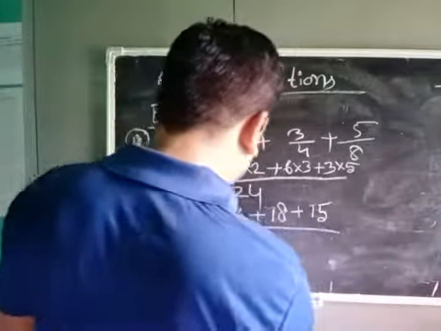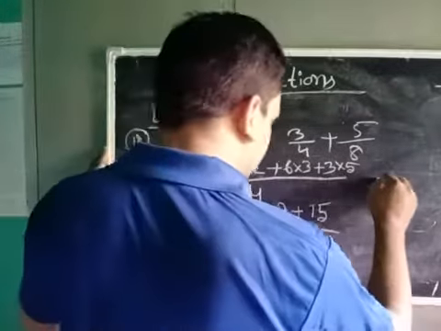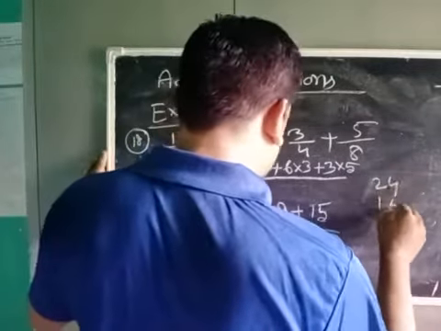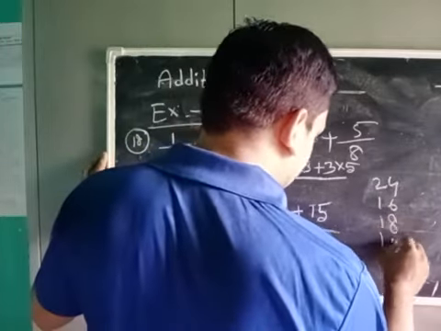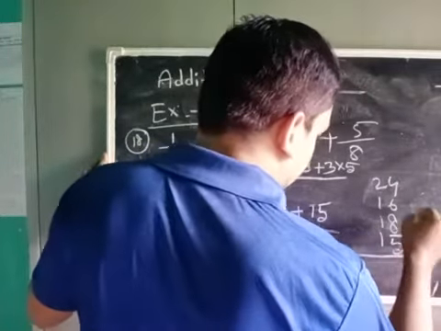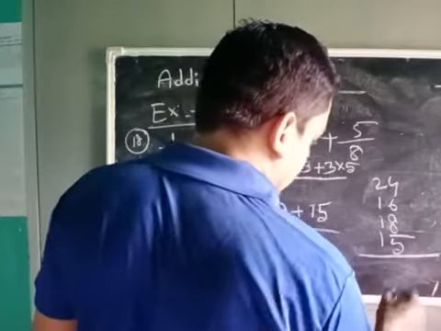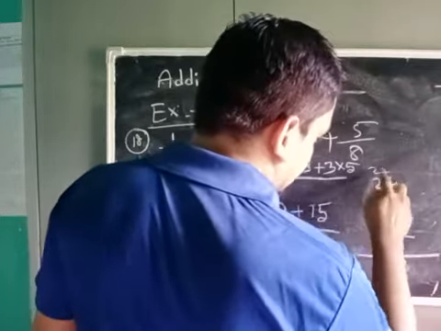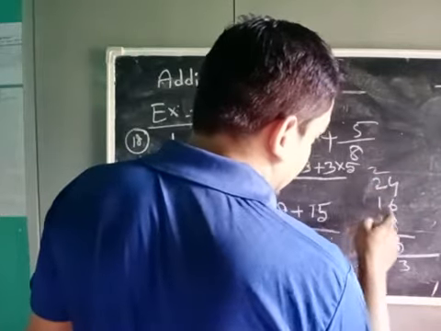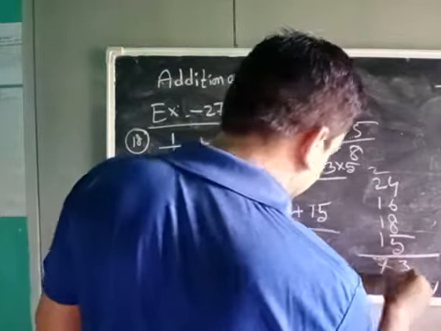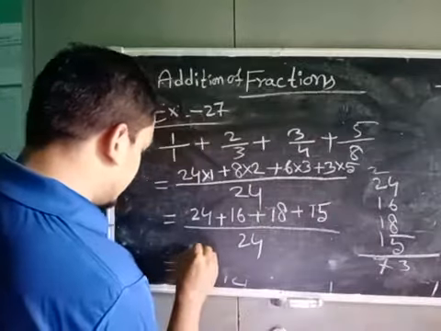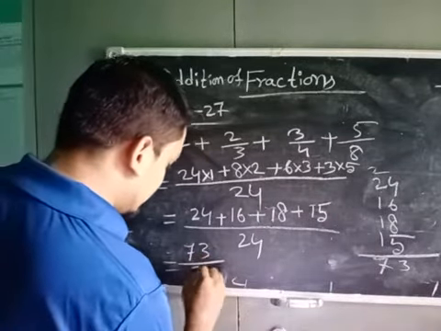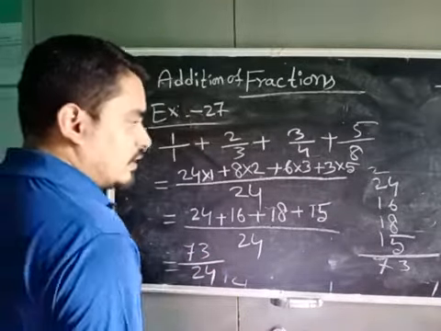And in the downside 24 will be, so we have 24, 16, 18 and 15. Adding, 3 will be here, 2 will be here, 2 to the 4, 2 2 4 5 6 7. So here we have 73. So in the upside we have 73 and in the downside we have 24. So it is your answer.